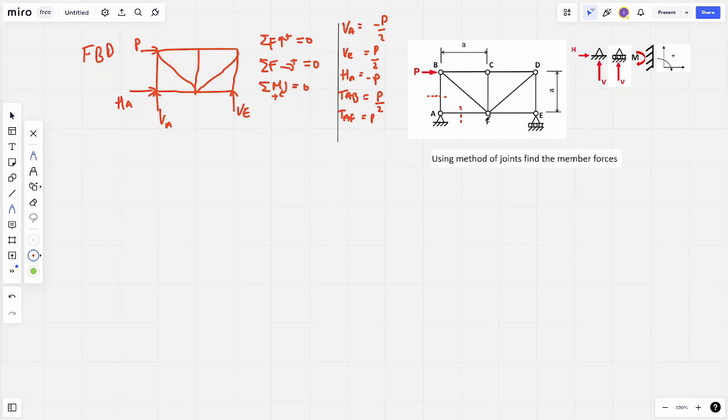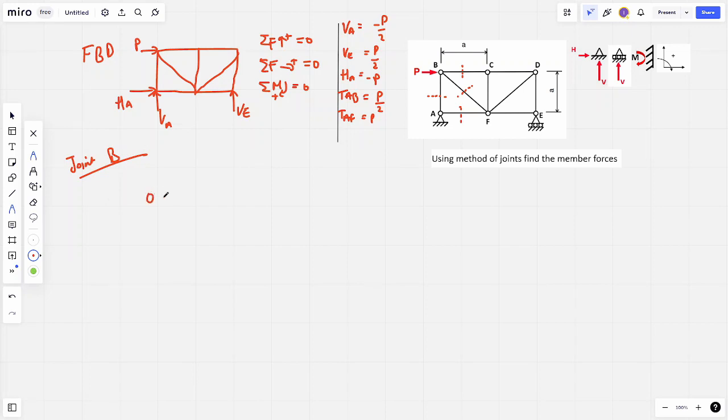But F is connected to pretty much all the points: point E, point A, point C, point B, point D. That's a lot of information that we don't know, so it's best to move on to point B. We've worked out the force between A and B, so we need to take cuts at all the other members we don't know, that's between B and C and B and F. So let's begin with joint B and draw the free body diagram.